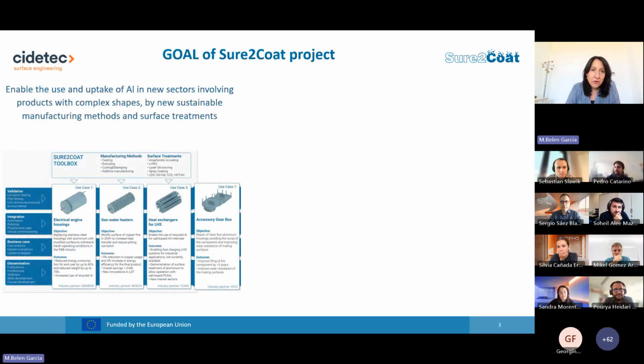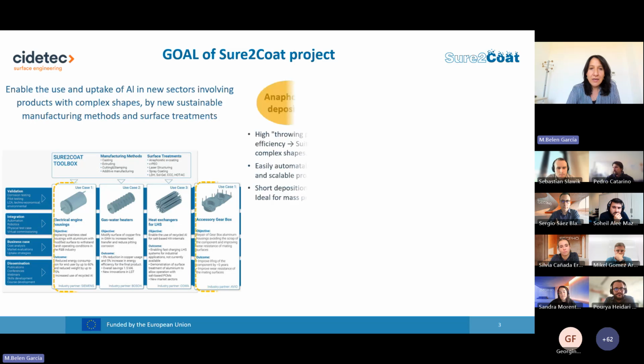So the goal of Sur2Coat is to enable the use and uptake of aluminum in new sectors involving products with complex shapes by new sustainable manufacturing methods and surface treatments. So at CDTech, we have selected anaphoretic deposition as the sustainable surface treatment. Why?